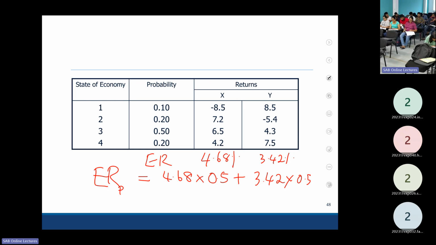Portfolio expected return is 4.05. This is your portfolio expected return. So you know average return.